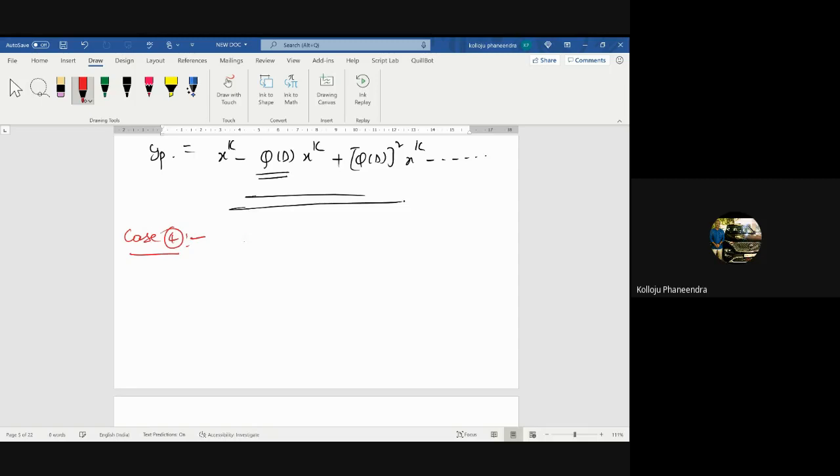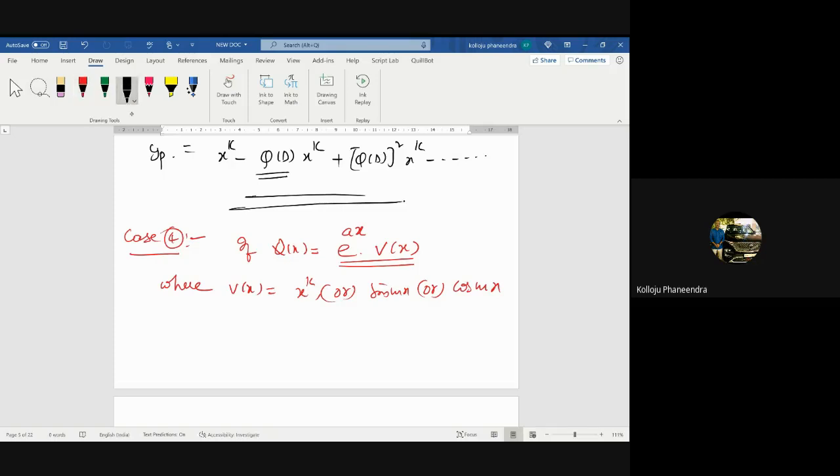Next one, case 4. If q of x equals, now we have already studied e power x, e power ax into v of x. That is a product of two functions, v of x, where v of x may be x power k or sin mx or cos mx or mx plus c, whatever it is.